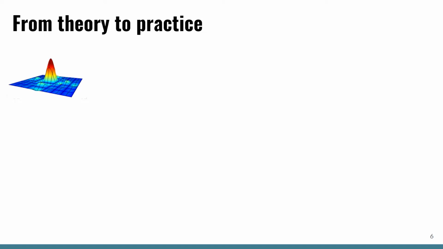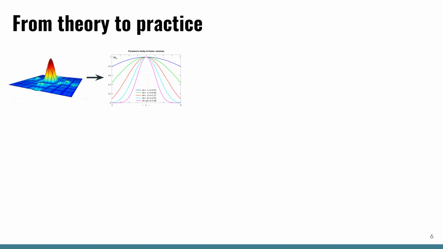But this perfect sinc filter has an infinite spatial span, right? And we don't have an infinitely large signal. We only have an image that is bounded. So we are going to need an approximation of this. Now, one way of doing this approximation, which is the way that they chose here, is to make this signal go through a Kaiser window. So here you can see representation of different Kaiser windows.